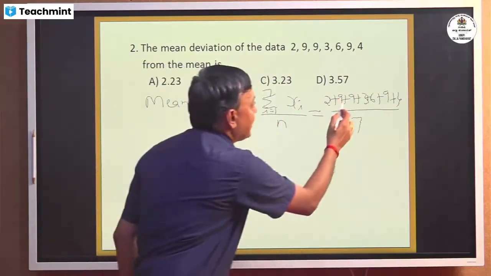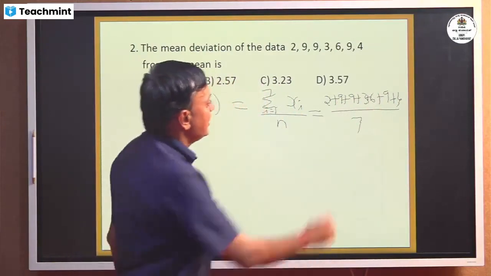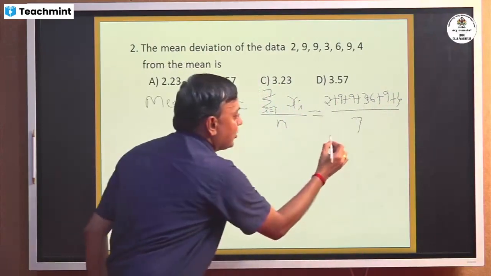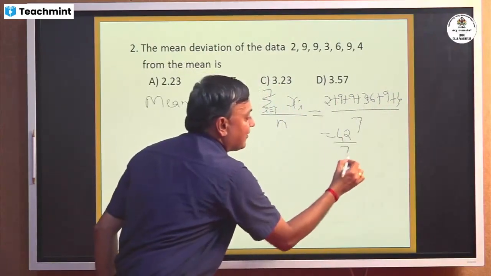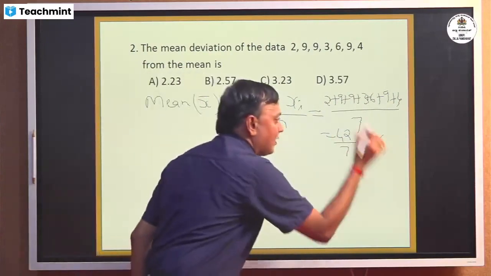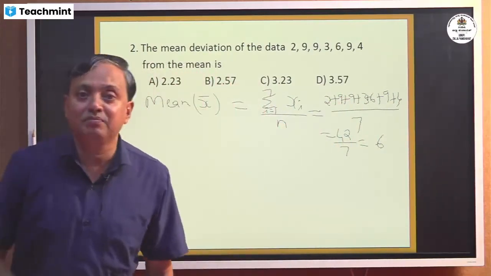So 9 into 9 is 27 plus 3 is 30, 6 plus 4 is 42, correct. So equal to 42 by 7 is 6, correct. So here the mean is 6.